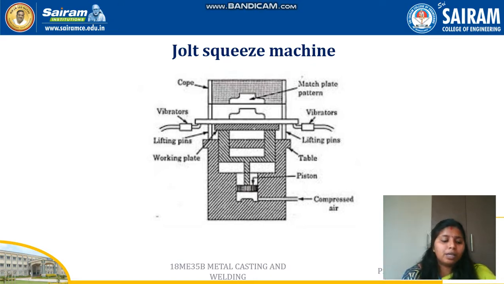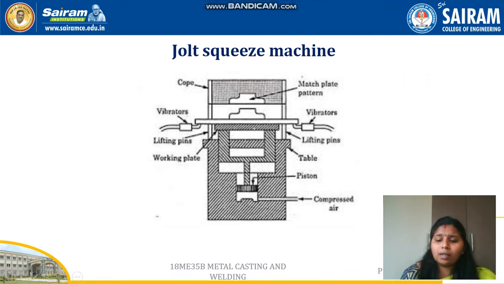So it is a combination of both the jolting action and the squeeze action. The cope box goes with the jolting action, and the drag box goes with the squeezing action. So in the same machine, both the jolting and squeezing actions take place.